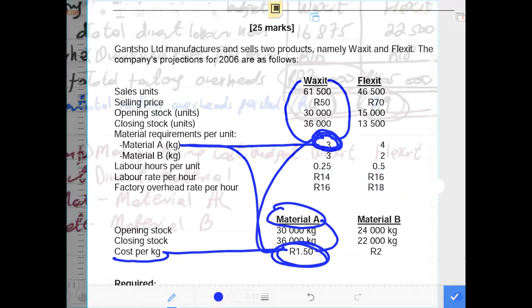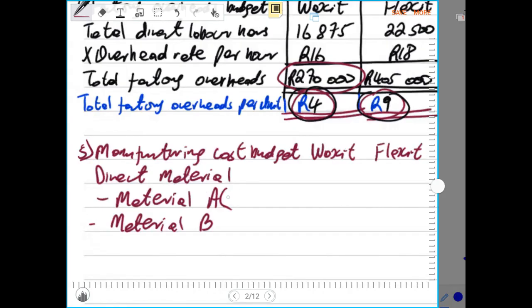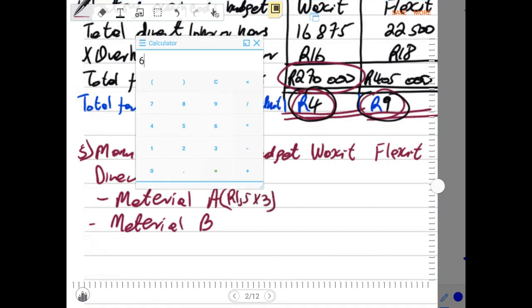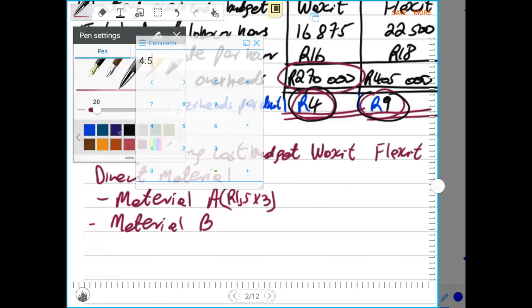So under material A, we say R1.50 multiplied by 3 kgs, and that will give us the cost per unit for product worksheet, which is R1.50 times 3 kgs. That will give us R4.50, which is the direct material cost for product worksheet.